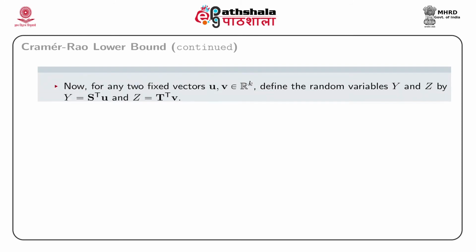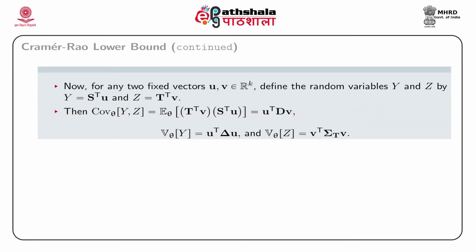Now, for any two fixed vectors u belonging to R^k and v belonging to R^k, let us define two random variables Y and Z such that Y = u' S and Z = v' T. Actually, Y is a linear combination of S1, S2, up to Sk, and Z is a linear combination of T1, T2, up to Tk.